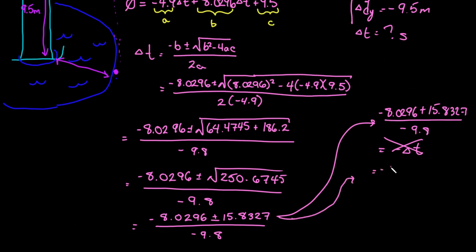So I get negative 8.0296 minus 15.8327 divided by negative 9.8. Okay, that gives me 2.4349 seconds.